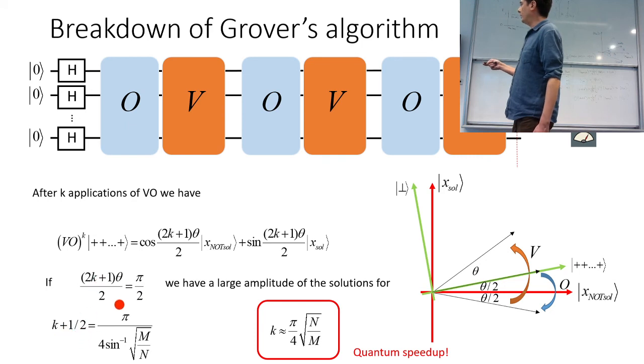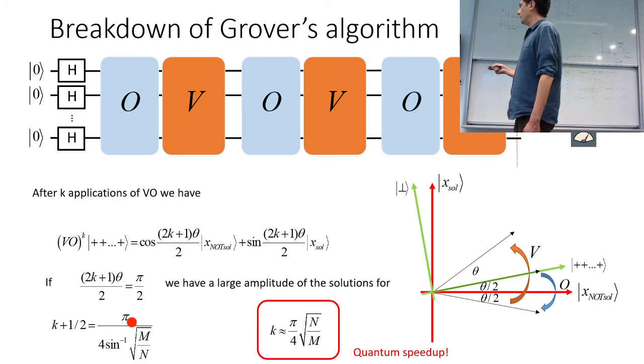If you just rearrange this according to the definitions, it's that. And just to make the formula a little bit nicer looking, let's assume that n is quite big and m is much smaller than n. Then this inverse sine is approximately linear.